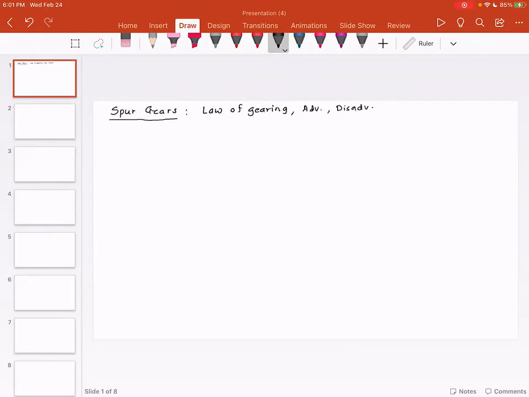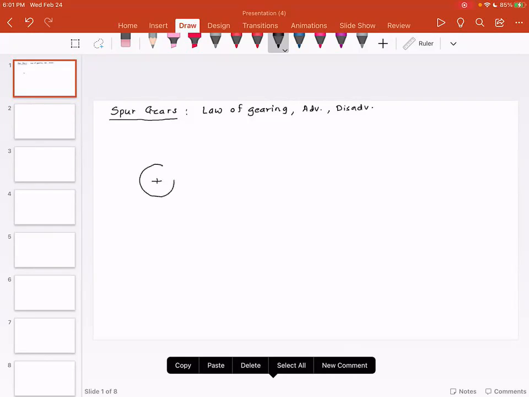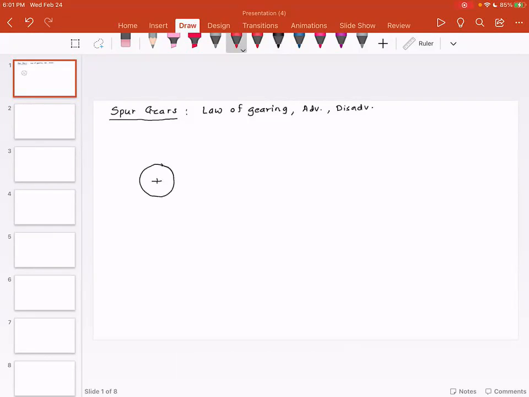Now, the first thing in today's class, we are going to talk about the nomenclature or the terms that are used in gears. So let's consider a pinion gear or a small gear and a large gear, which is called the gear.